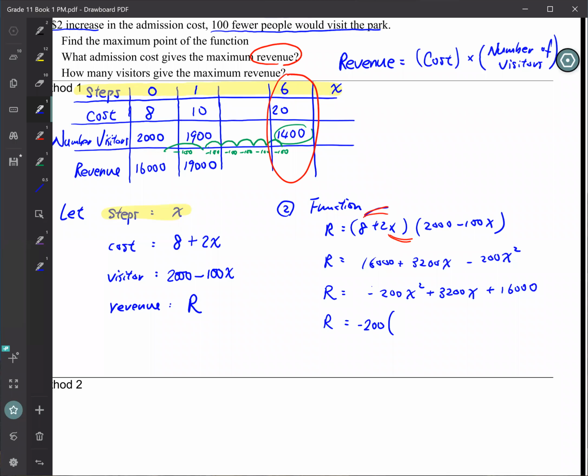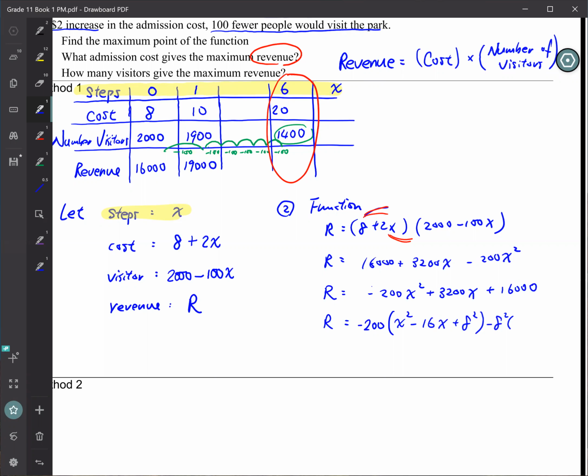Bracket x squared minus 16x plus 8 squared, minus 8 squared, and then negative 200 bracket.